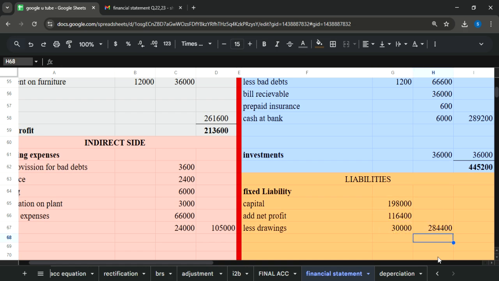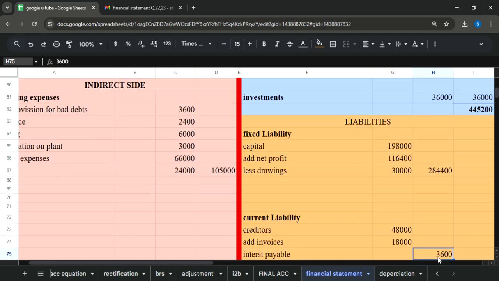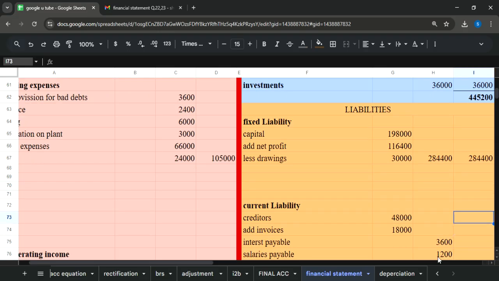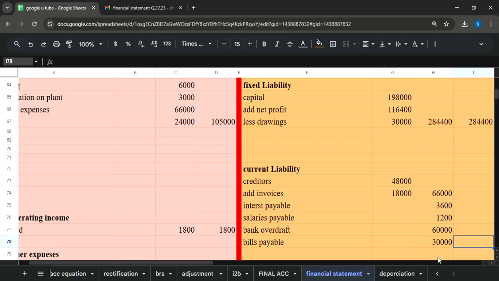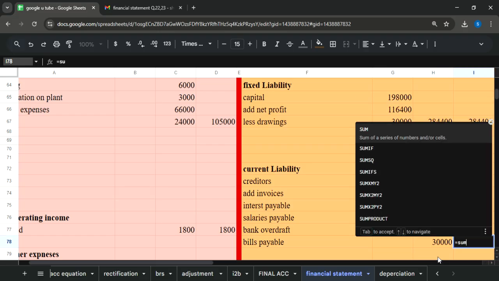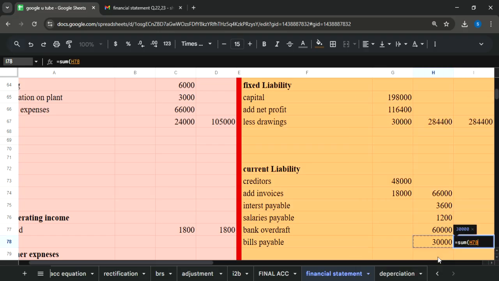We have got total liability, fixed liability, and as you know that there is nothing else present in fixed liability, it means it has been completed. Next step is to finalize current liabilities, where we have creditors, and then add its invoices. It means we can now take sum of current liabilities.